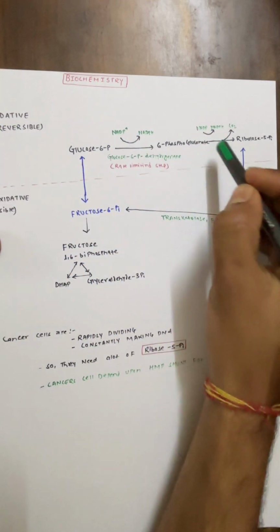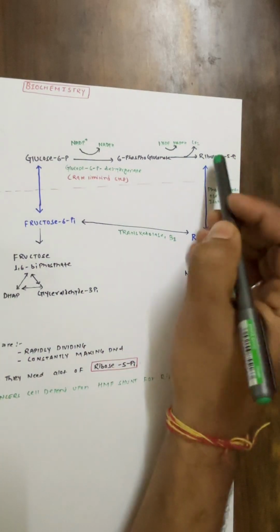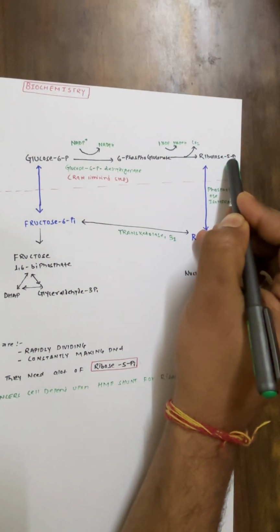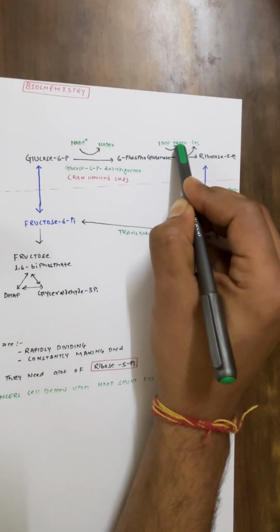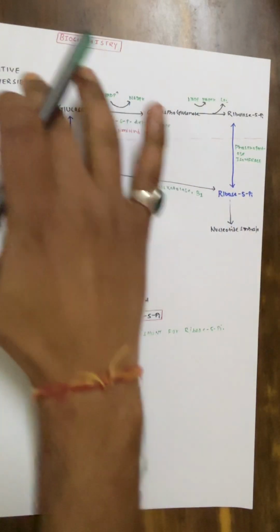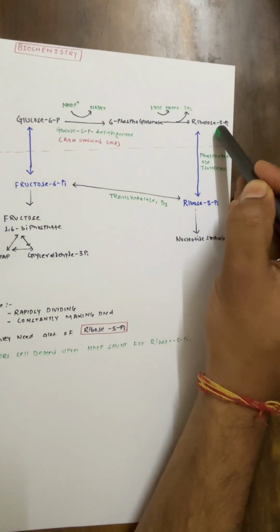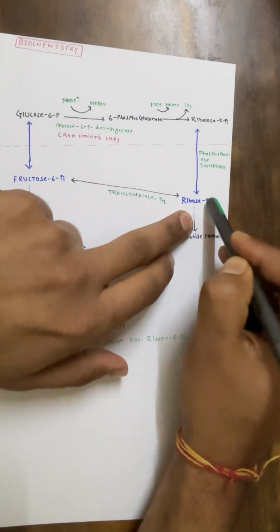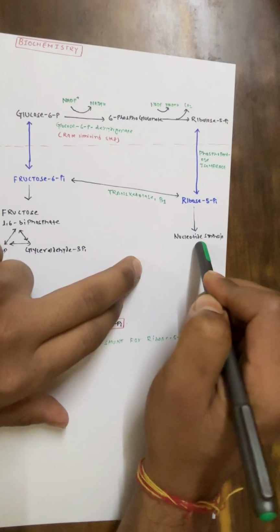Now this 6-phosphogluconate is getting converted to ribulose 5-phosphate, not ribose, ribulose 5-phosphate. And over here we are also getting NADPH as a byproduct. So this is the oxidative phase and this is irreversible. Now this ribulose 5-phosphate is getting converted to ribose 5-phosphate, and we use this ribose 5-phosphate for nucleotide synthesis, DNA and RNA.